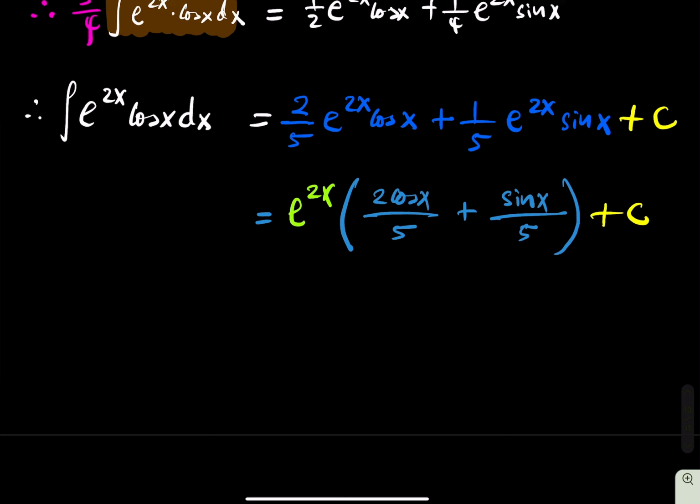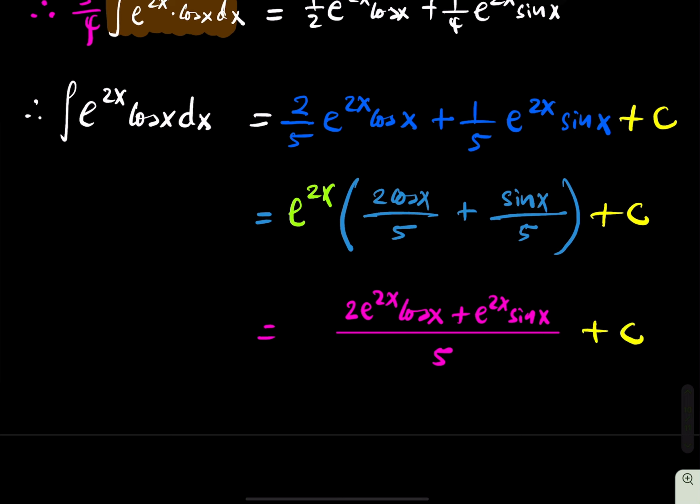You can leave your answer here, or your answer may end here. Like you have a 5 there, and 2 e to the power 2x cos x plus e to the power 2x sine x, and then plus c. One of these will be your option. I don't know which one you chose, that one, or that one, or that one. They are all correct. Just pick any of those. I just oversimplify. I love simplifying.